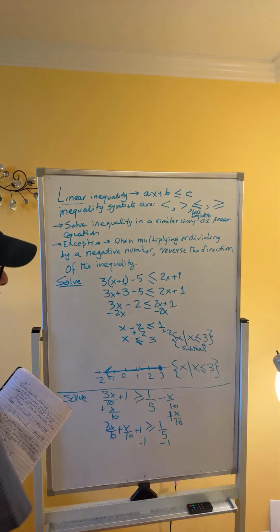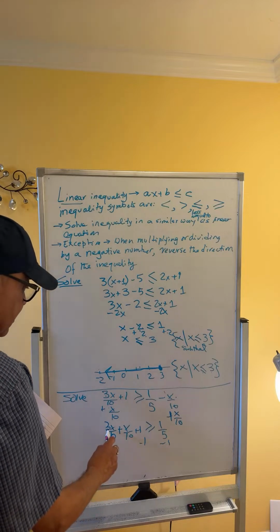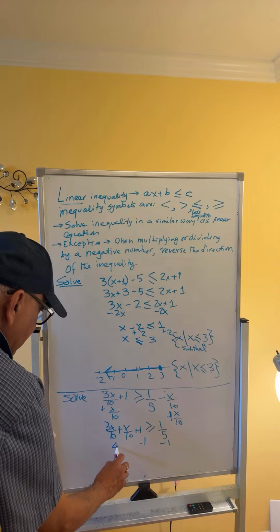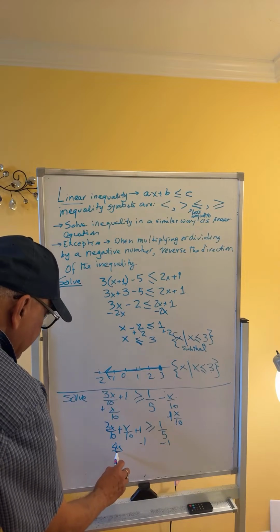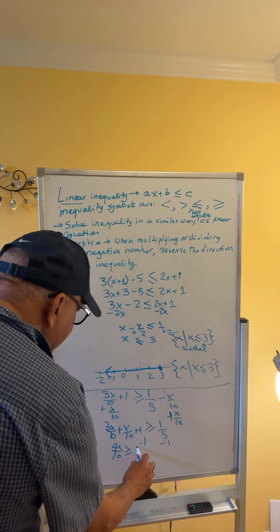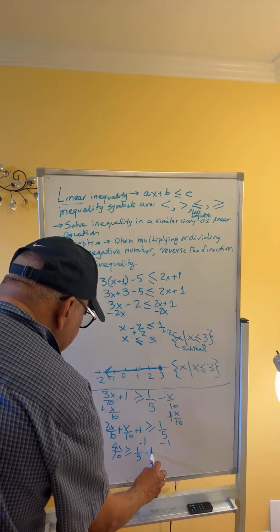Here fortunately we have 10 in both denominators, so we will just add the numerators. 3x plus 1x is 4x over 10 greater equal to 1/5 minus 1.